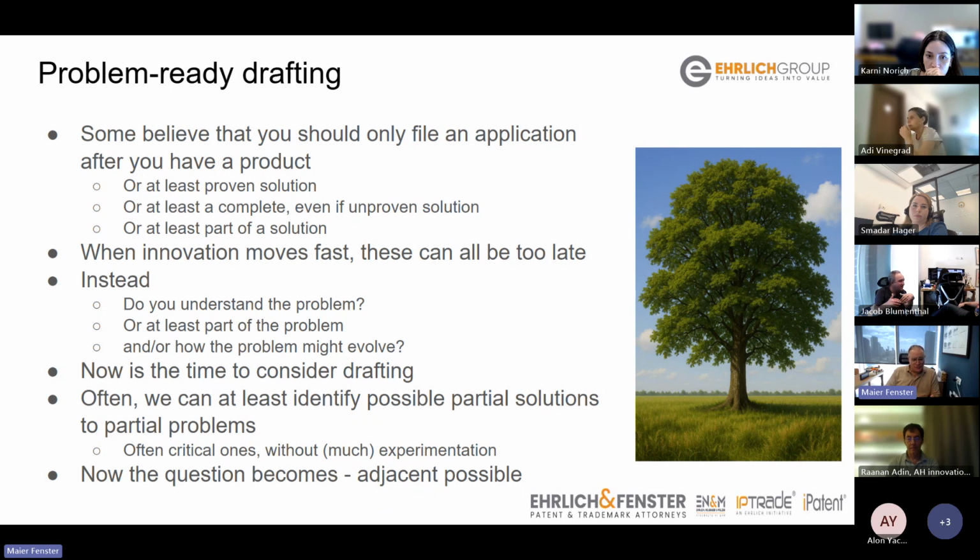It is quite possible that, putting aside the question of publishing the solution, we can identify partial solutions which are enabled today. And sometimes we can identify critical partial solutions. For example, before the iPhone was ready, Steve Jobs knew that he wanted something that would fit in a pocket.